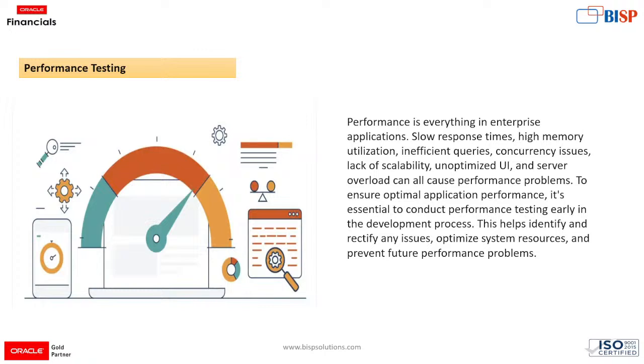One of the most common performance issues is slow response time. When the application takes too long to respond, the user can become frustrated and abandon the application altogether. This can be caused by a variety of factors, including inefficient code, poorly optimized databases, and network issues.